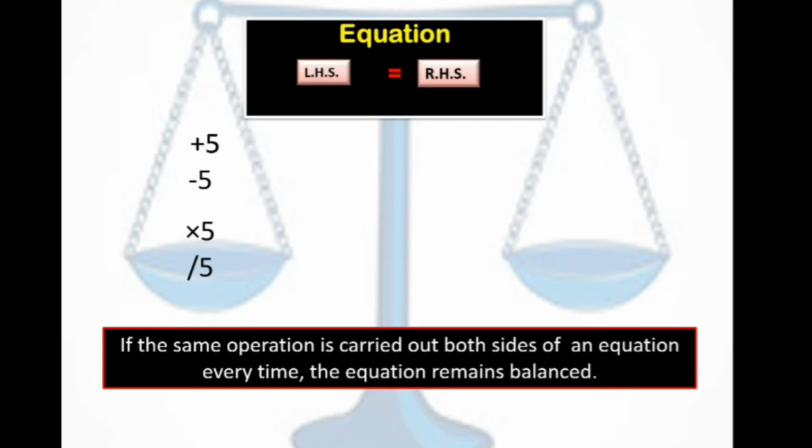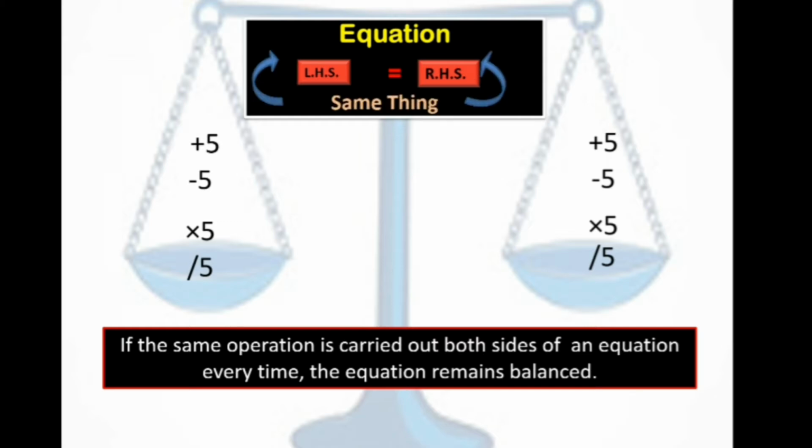Adding the same number to both sides, subtracting the same number from both sides, multiplying both sides by the same number, dividing both sides by the same non-zero number. When any of these operations are carried out on an equation, the equation remains balanced.